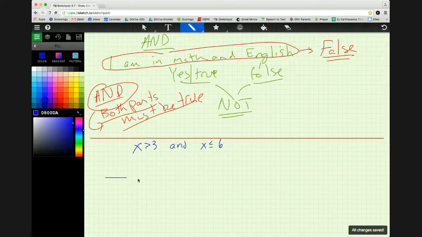Well, x is greater than 3. We already know what that looks like. 2, 3, 4. x is greater than 3. So that's this. All numbers 4, 5, 6, everything greater than 3, nothing less than 3. And then x is less than or equal to 6 looks like this.